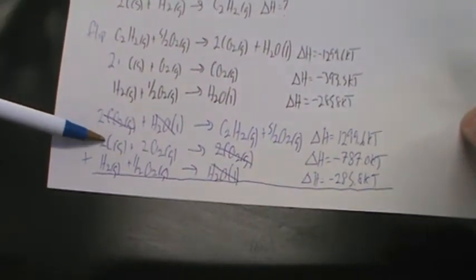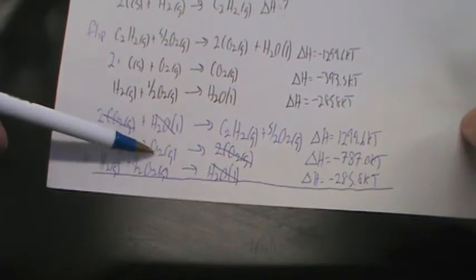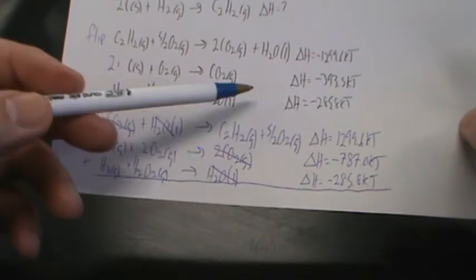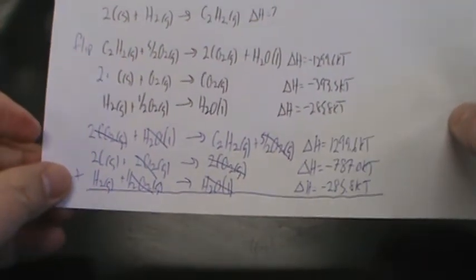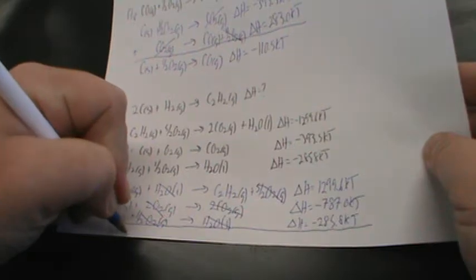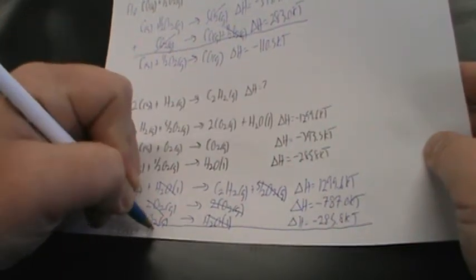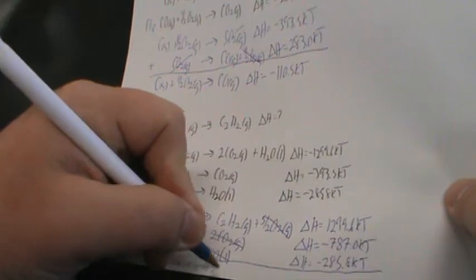We need that 2 carbon and we need the H2, but we have 2.5 O2 on the left-hand side and 2.5 O2 on the right-hand side. So those things are going to get canceled out. And what we're left with is 2 carbon solid plus H2 gas, which looks like our overall reaction, yielding C2H2 gas.